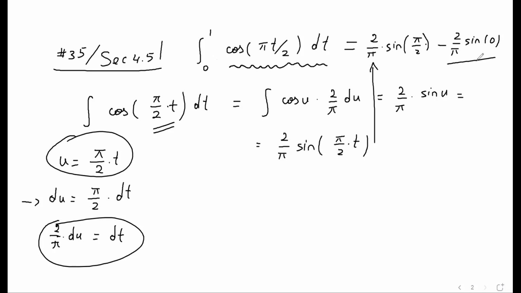Now this turns out to be 0, and this turns out to be 2 over pi. Sine of pi over 2, by the way, is 1. So the whole answer to this problem turns out to be 2 over pi for the integral. The area that we're looking at there is 2 over pi.